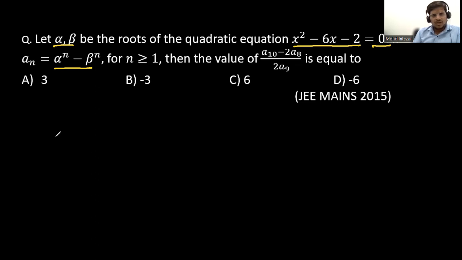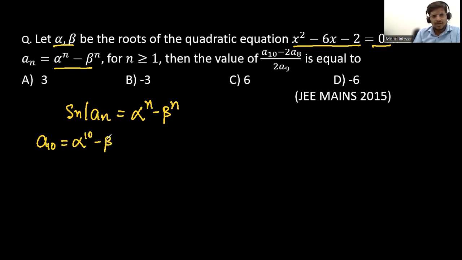As I told earlier, Sn or An can be alpha to the power n minus beta to the power n. Here we see the largest value of n is 10, so we can find A10. A10 will be alpha to the power 10 minus beta to the power 10.